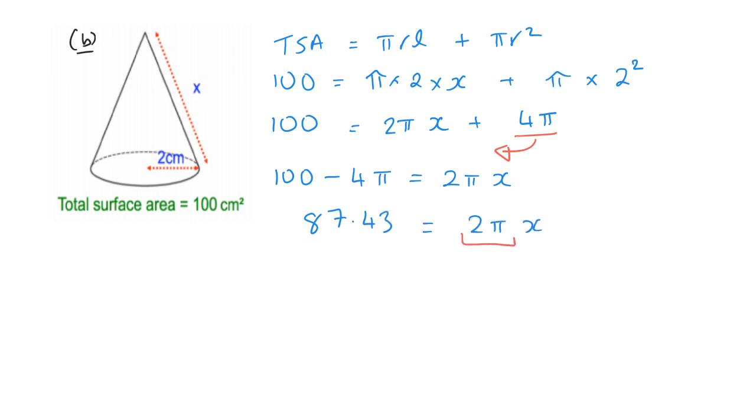Now I want to take this 2 pi over. It's a multiply by 2 pi, so when I take it across, we're going to be dividing by 2 pi to get x. And that gives us x is 13.9, and our units are centimeters.